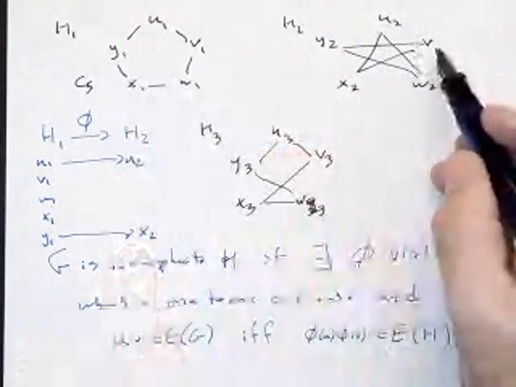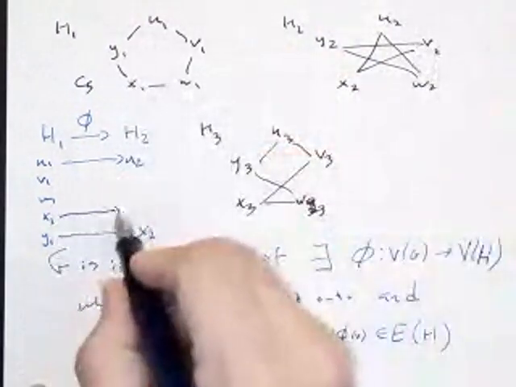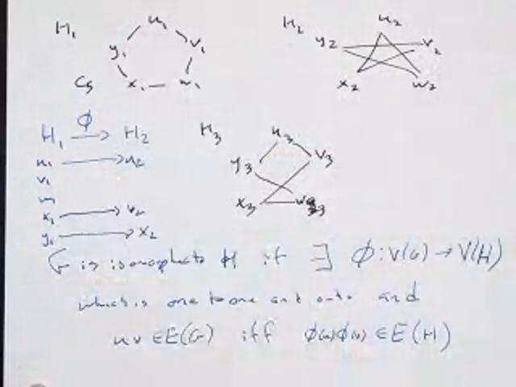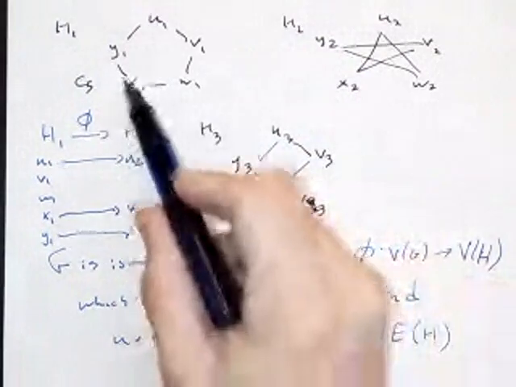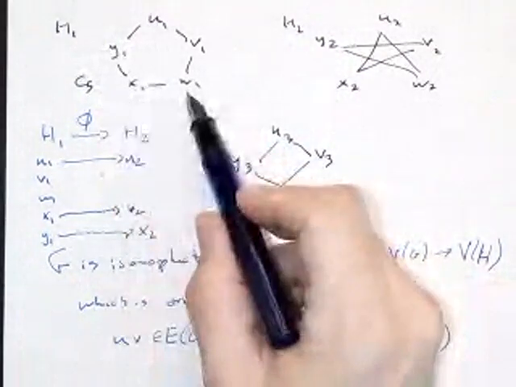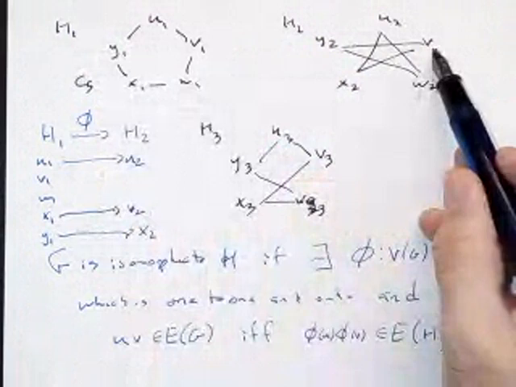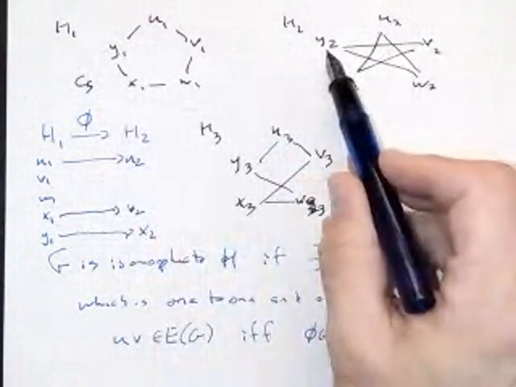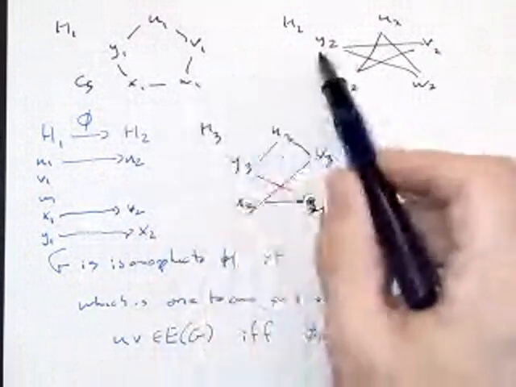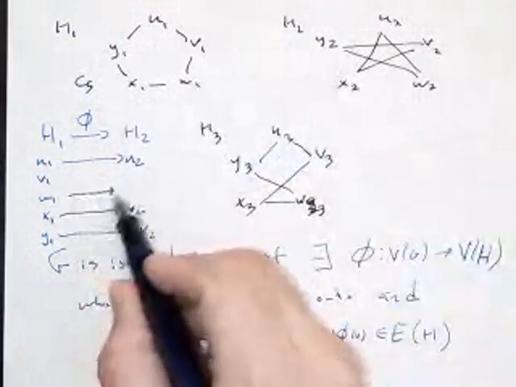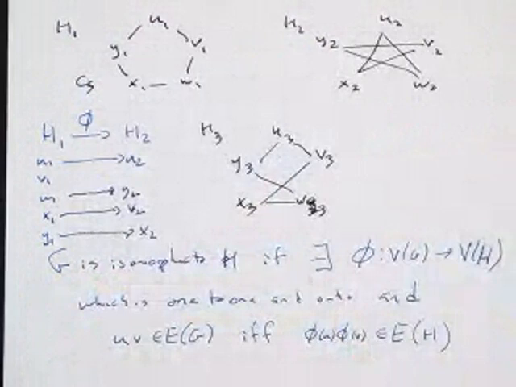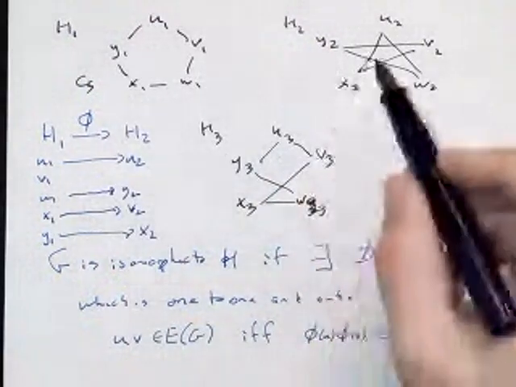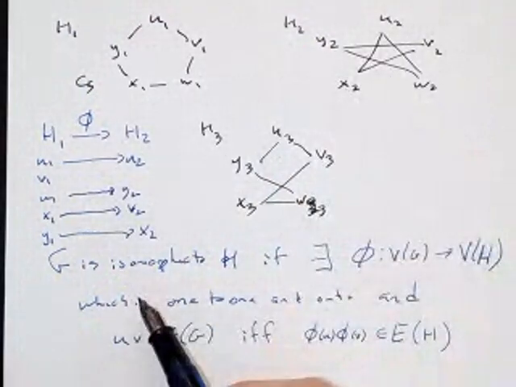That X1 matches with V. At X1, go back to Y1 to W1 to X2, the other direction. So W1 has to match to Y2. And that means the last one is V1.